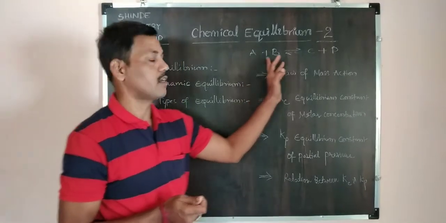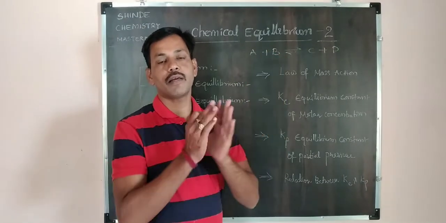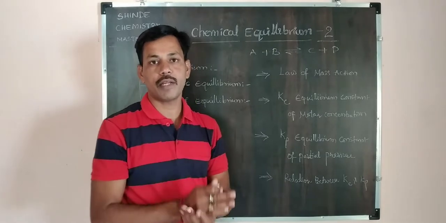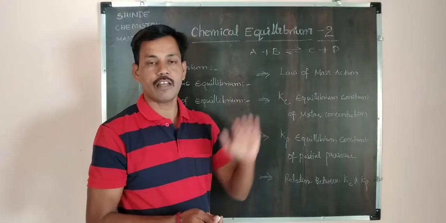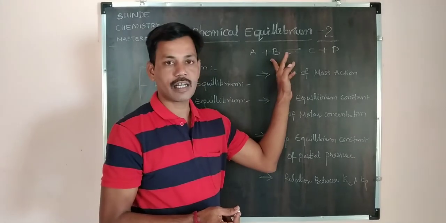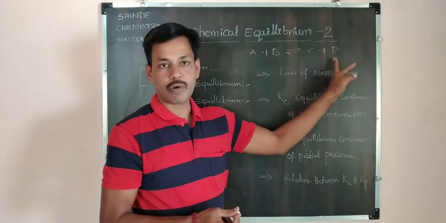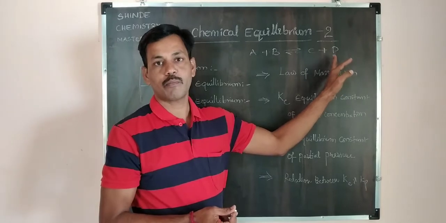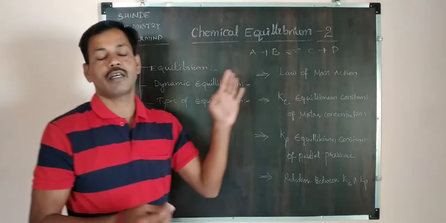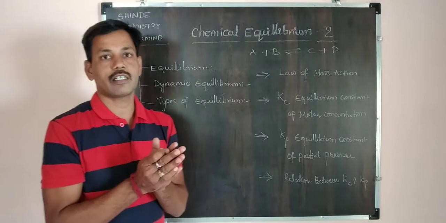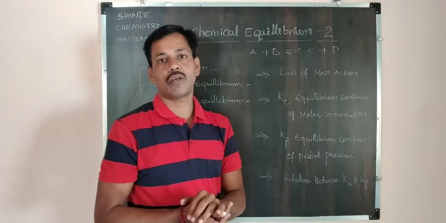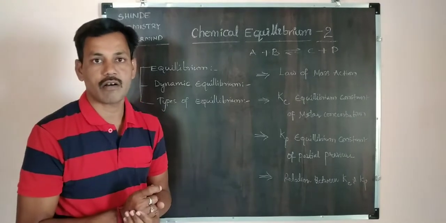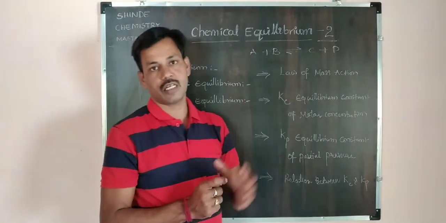This is called the equilibrium state. In the equilibrium state we have a forward reaction as well as a backward reaction. In the forward reaction, reactants become products, and in the backward reaction, products become reactants. If this state is continuously going on, the process is called an equilibrium process.